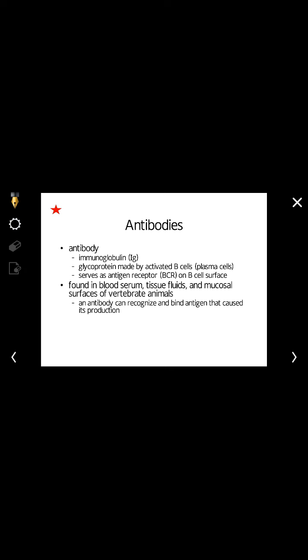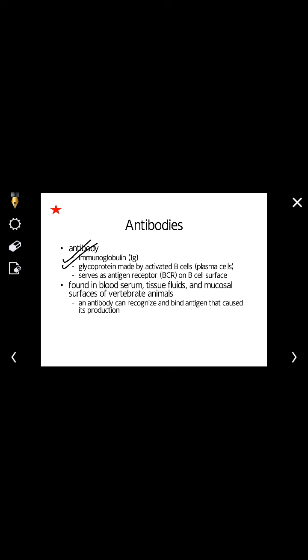The antibodies. An antibody is an immunoglobulin. Is immunoglobulin a glycoprotein made of activated B cells, plasma cells? So yes, antibodies are immunoglobulins, true. They are glycoproteins that are made by activated B cells, that is true.